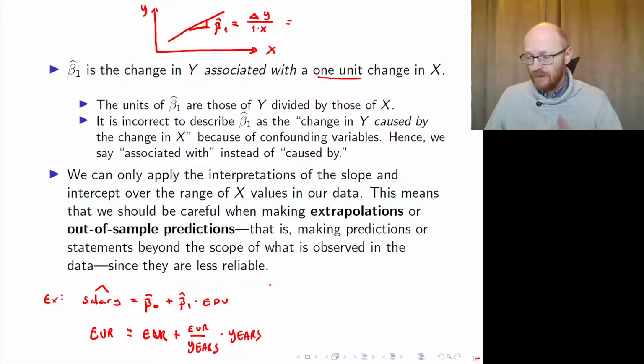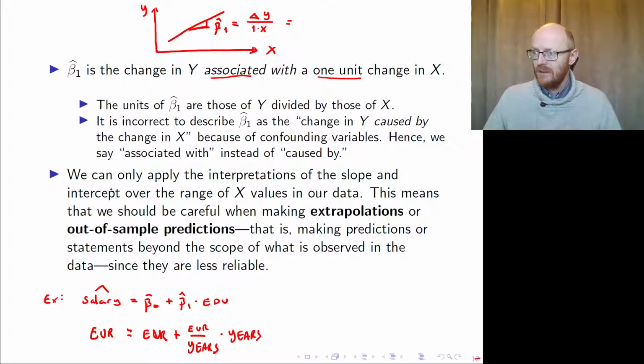If you look at this product, plus euros equals euros. So the units of beta 1 hat are those of y divided by those of x. So we have to say that y is associated with a 1 unit change in x.